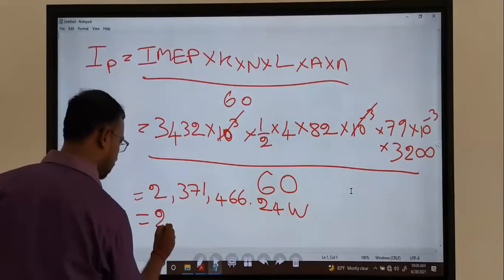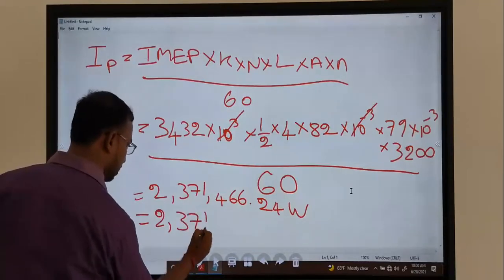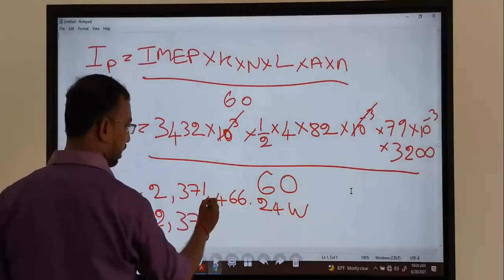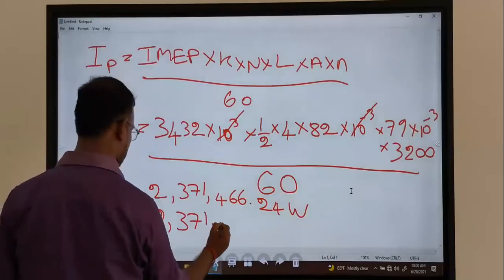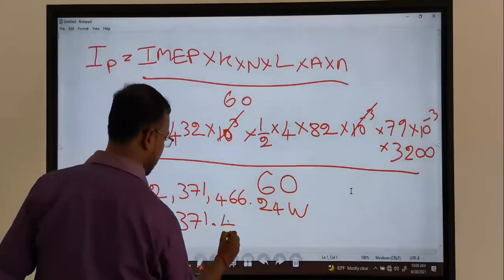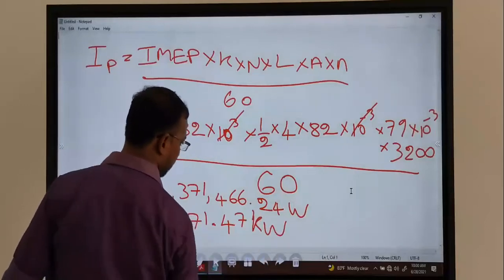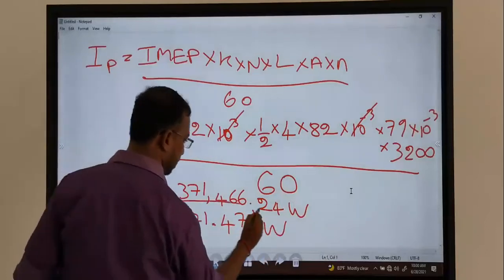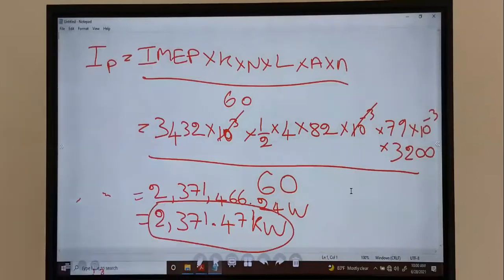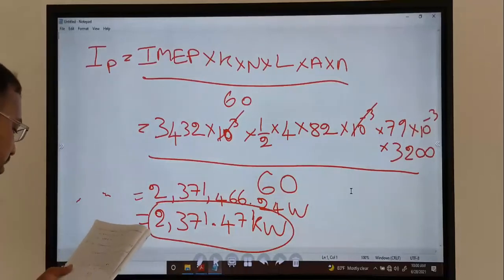So 371 here, kilowatt. So dot 47, kilowatt. So this is the answer, 2371.47 kilowatt.